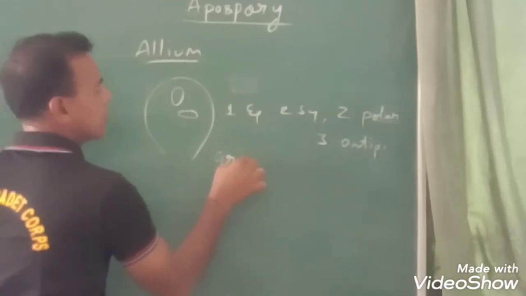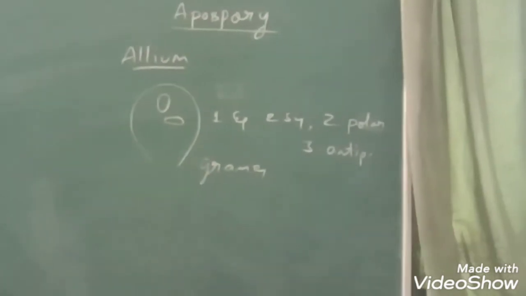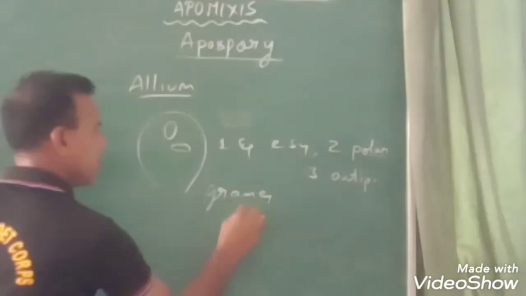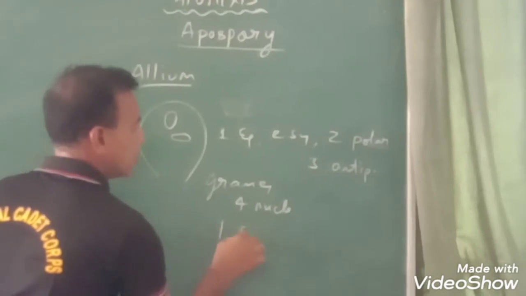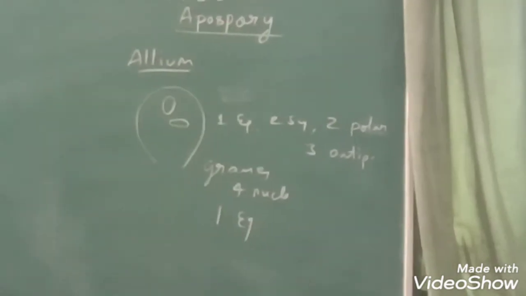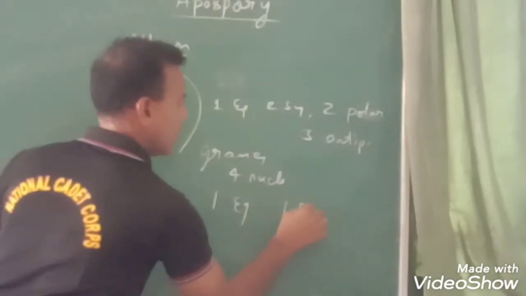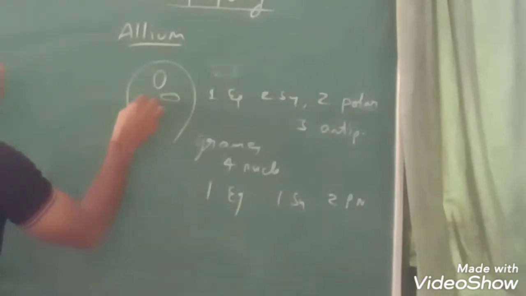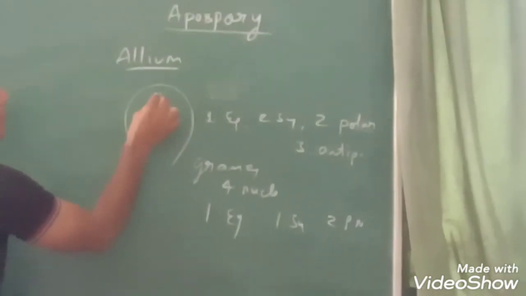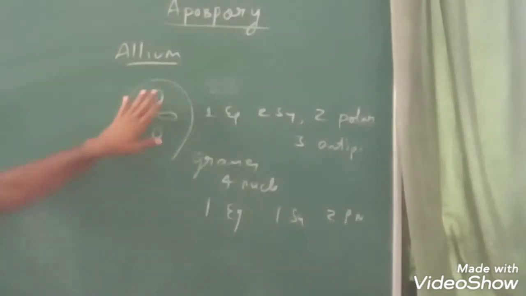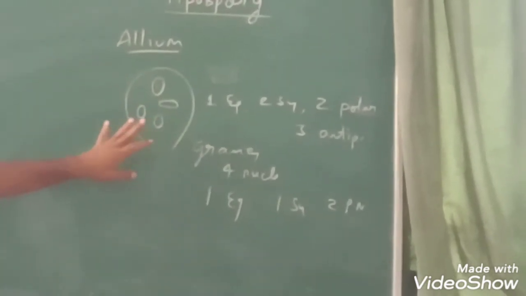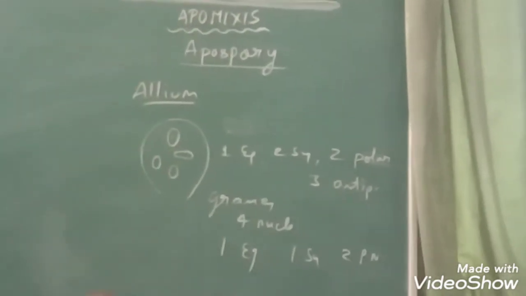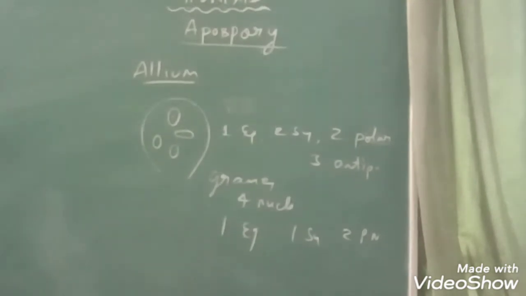In some other grasses, there are many aposporic embryo sacs which are 4-nucleate, having one egg, one synergid and two polar nuclei. Now these embryo sacs compete with the normal embryo sac for their development, and sometimes the normal embryo degenerates and they succeed in development.